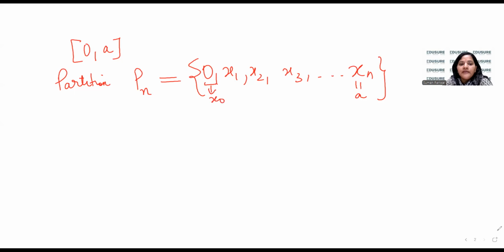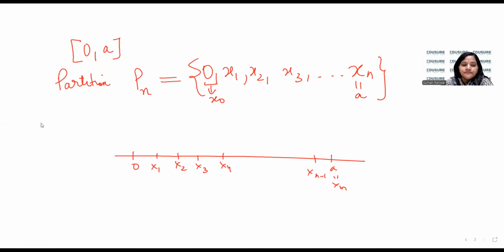So this is my interval 0 to a. I have x1 here, x2 here, x3 here, x4 here, and this is my x_n, and this is my x_(n-1). So I am partitioning this interval.